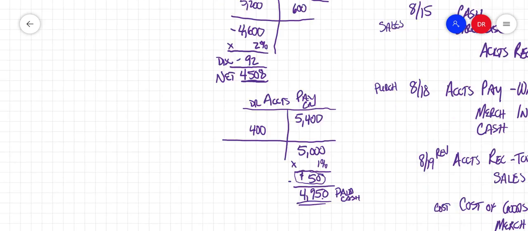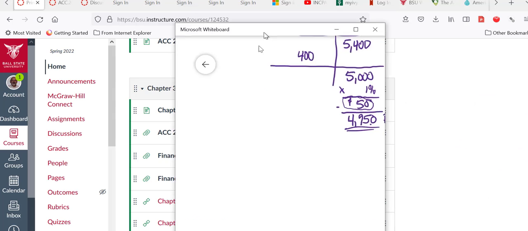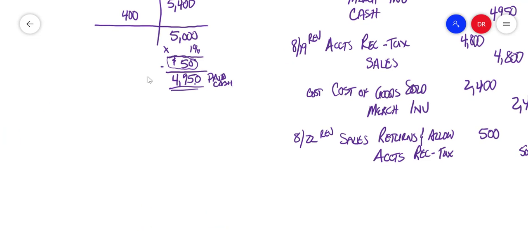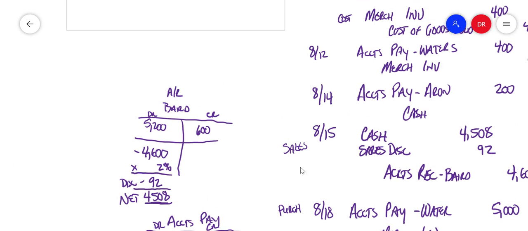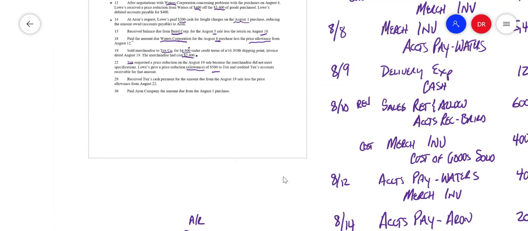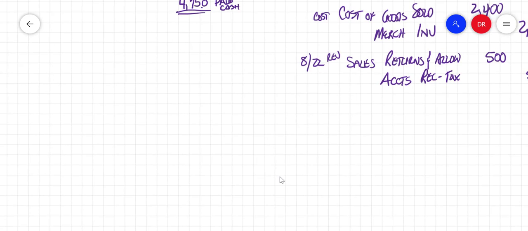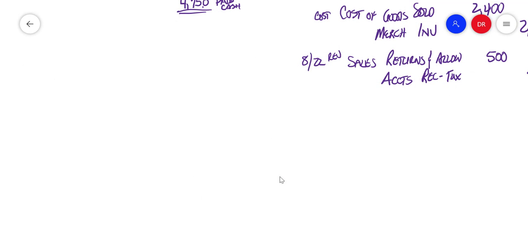Okay, then we come back up here again, and we look at the next one on the 29th. Receive Tux's cash payment for the amount due from the August 19th sale, less the price allowance from August the 22nd. So we're going to figure out what Tux owes, just like we did with the others. So we have an accounts receivable for Tux.